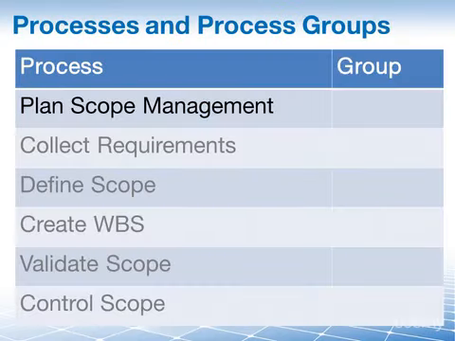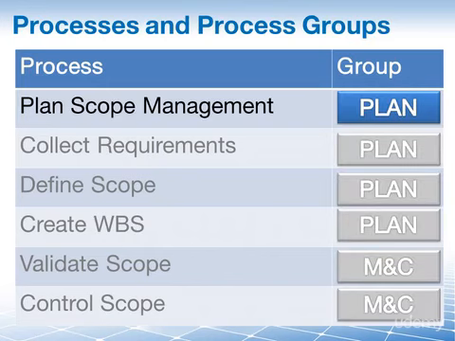And here's our overview of the processes in this knowledge area and into which process group they fall. Well, I'm not actually showing you the process groups yet, because when you think of project scope management, you'd think that this is the knowledge area where our scope is also built, where we create it so that we can, in the end, deliver it to our customer.